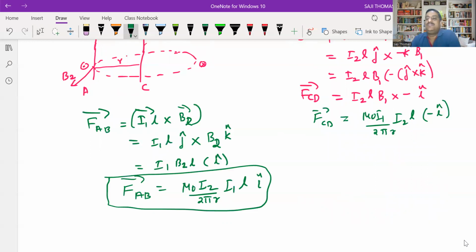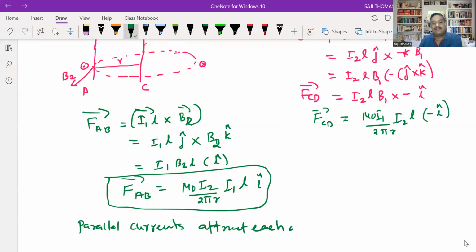When two conductors carry currents in the same direction, what will they do? Attract. We can say parallel currents attract each other. And see the equations FAB and FCD, their magnitude is the same, direction is different.